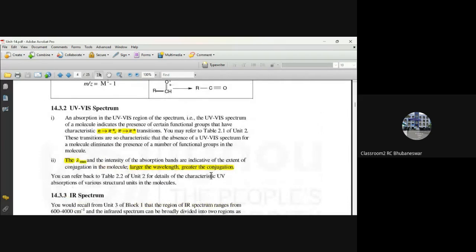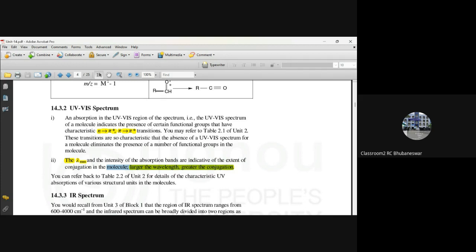Then from the UV visible spectrum, you will get information about the n to pi star transition, or pi bond, or n pi system, or from the shift in the delta lambda max value, you can say the conjugation effect, whether the molecule is conjugated or not.